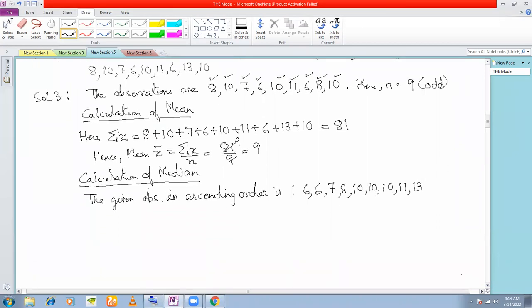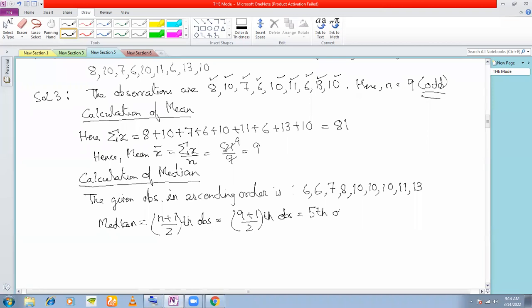Now, once we arrange these in ascending order, we will find out the median. N is odd here, right? So what will be the formula for median in this case? Median is equal to n plus 1 by 2th observation, which is 9 plus 1 by 2, which is equal to the 5th observation.